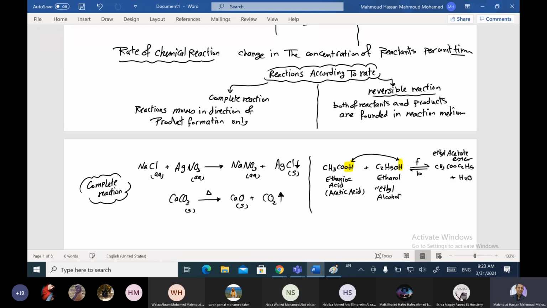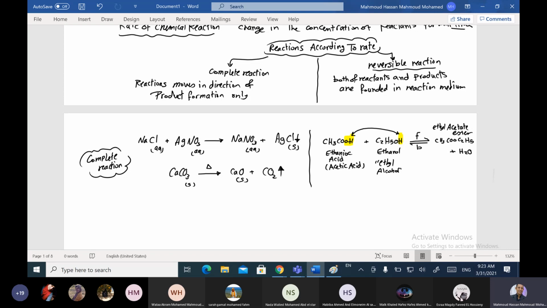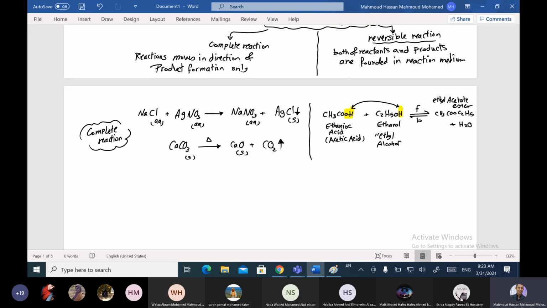For these reactions, we can prevent the reversibility by absorbing the water from the reaction by adding concentrated sulfuric acid. But now we need to represent graphically this type of reaction, reversible and complete.